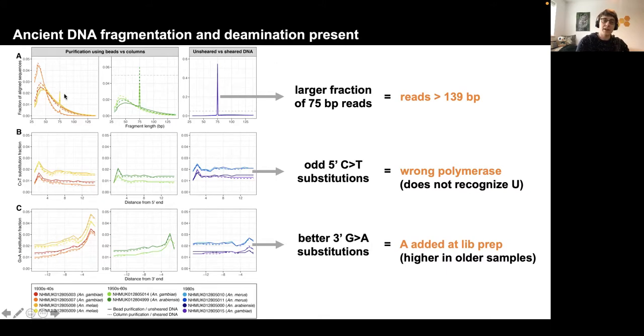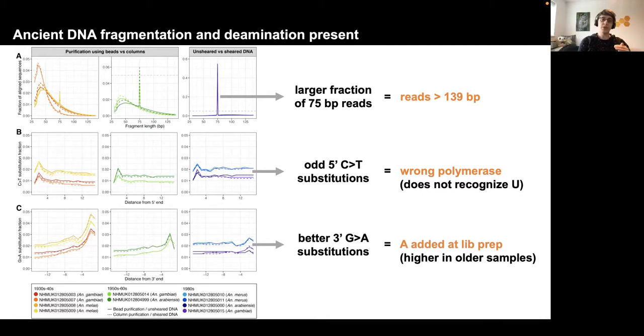In the first set of panels, so panel A, you have the fraction of aligned sequences of a specific length. And what you can see here is that with increasing age, seeing as the unsheared versus sheared were done on the youngest sample, you also have an increased fraction of 75 base pair reads.